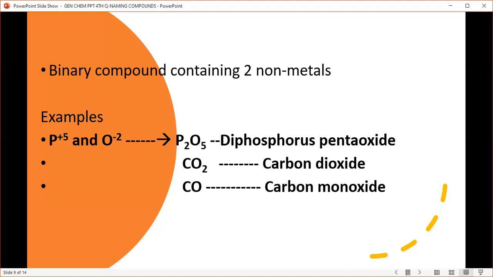All right, so I hope that's clear for everybody. We are just simply using our prefixes, which indicate the number or the subscript of that specific element in order for us to name this binary compound, which is composed of two non-metals.